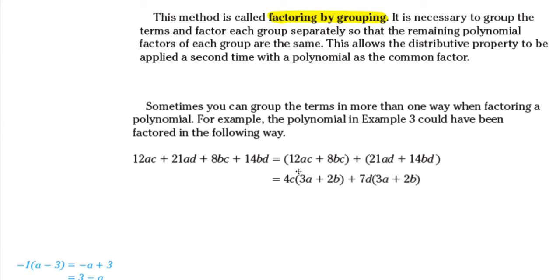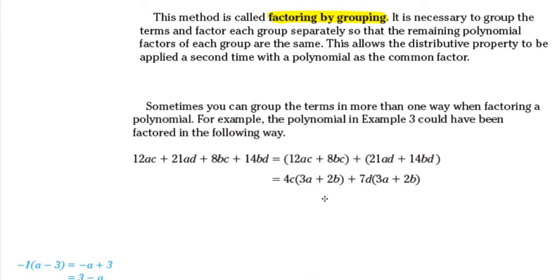And then we factor out 4c because 4c is the GCF of 12ac and 8bc. Once we factor out 4c, we're left with 3a plus 2b. And we factor out 7d, and we end up with 3a plus 2b. Once you find the GCF, which is 7d, simply divide 21ad by 7d, you end up with 3a. Simply divide 14bd by 7d, you end up with 2b.